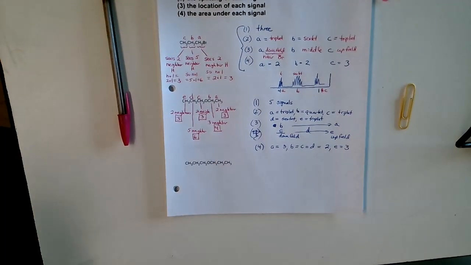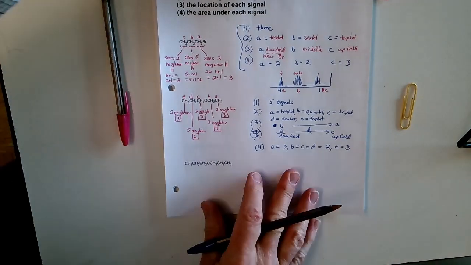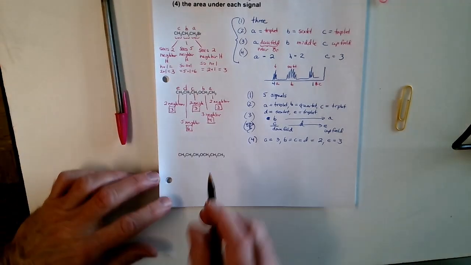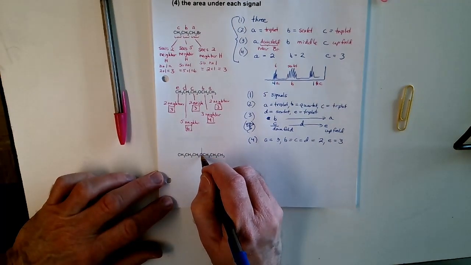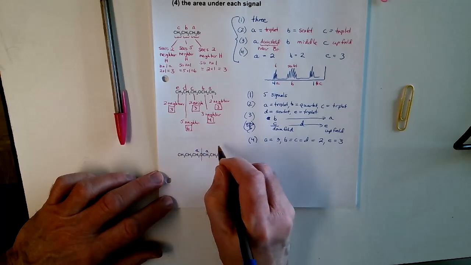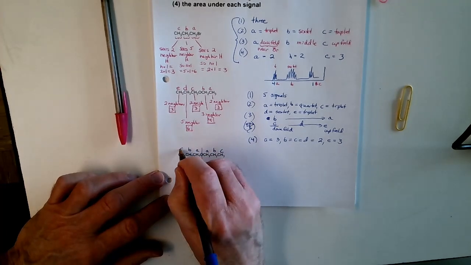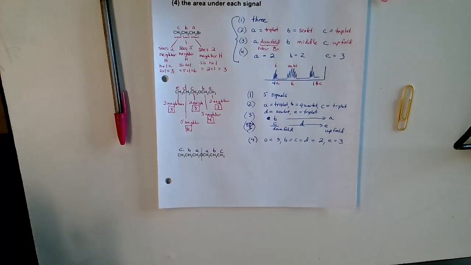I won't sketch that one. I'm going to do this in abbreviated form on the next one. Remember, this one was mirror image, so it's nice and convenient to just go A, B, and C out from the middle. You could do it some other way if you wanted to.